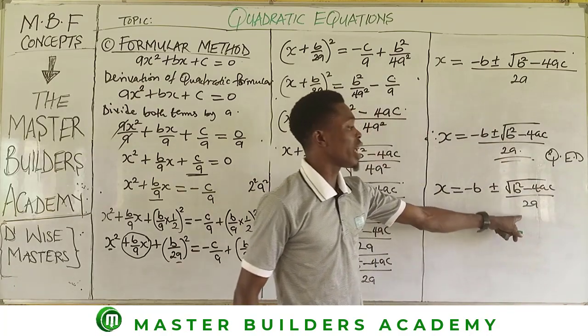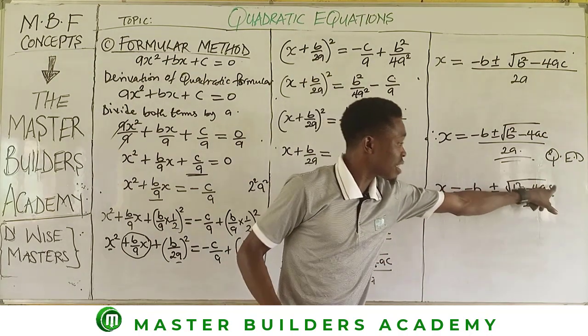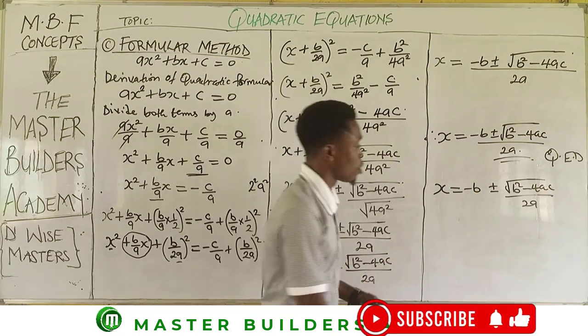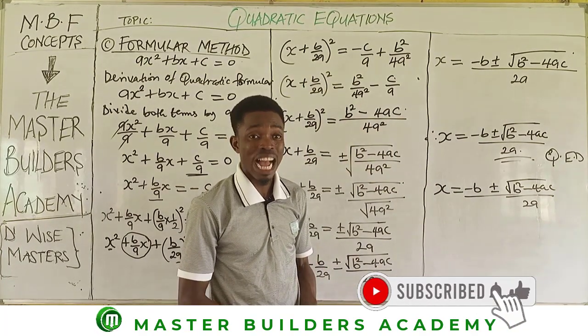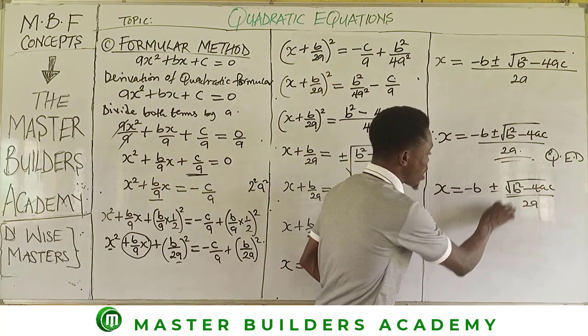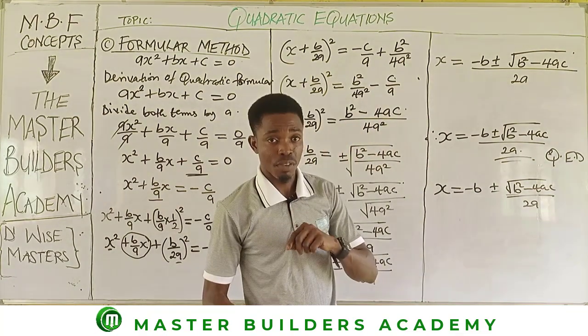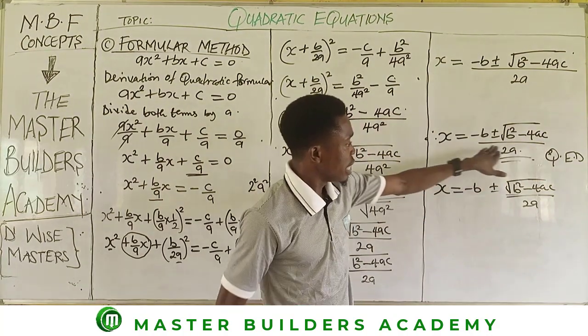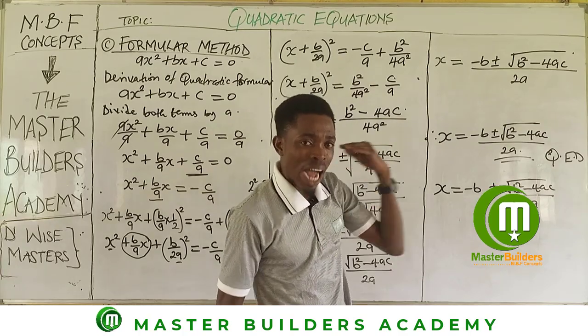If you write it this way, you are very wrong because the 2a covers everything inside the square root and this minus b, so it must be across all the terms in the numerator. So don't limit it to only the square root. When you have it this way, you are wrong because you can have it in objective. Alright, so the correct option is this, where you have one numerator and one denominator.